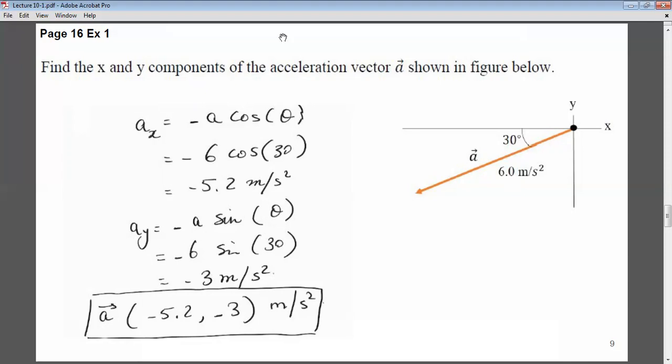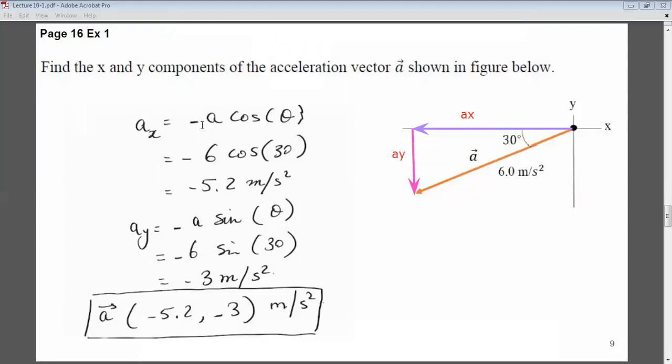Okay. So in order to get them, first I draw them. I go along the x-axis until I reach the tip. Then I go along the y-axis until I reach the tip. Okay, so this is here AX and this is here AY.